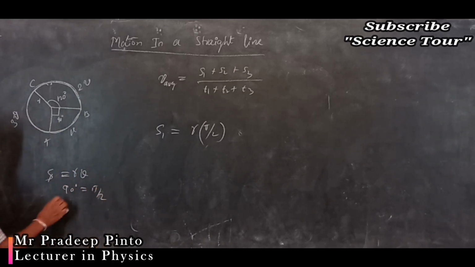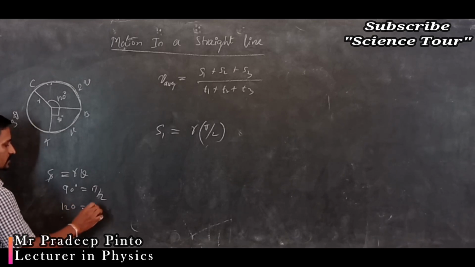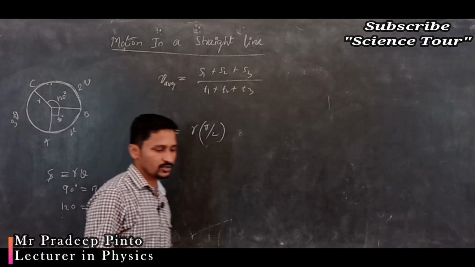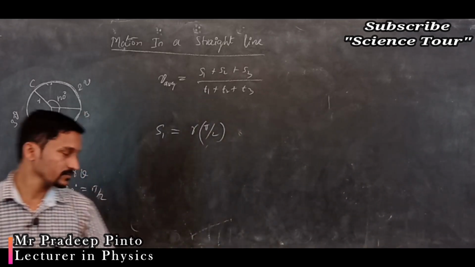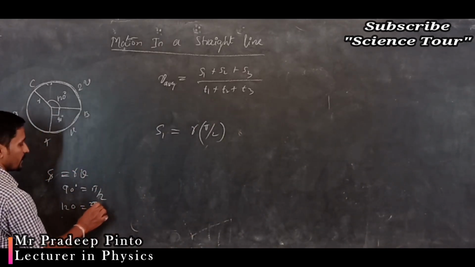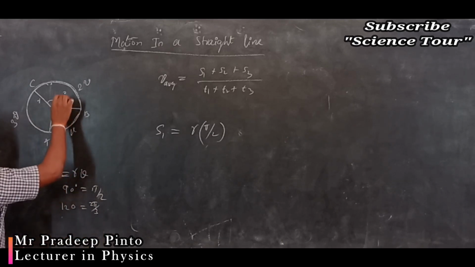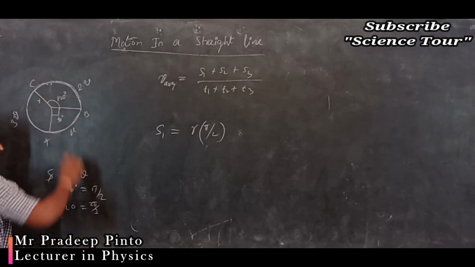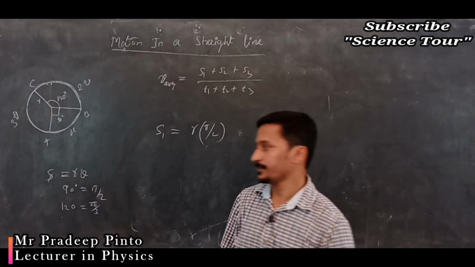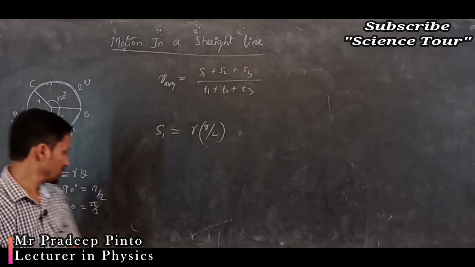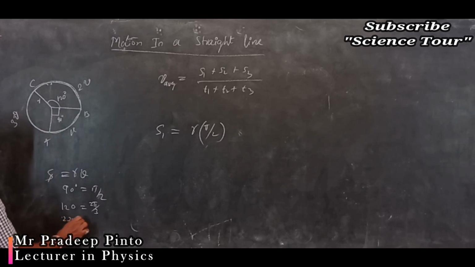And 120 degrees means 2 pi by 3. So this is 120 and this is 90. The remaining is 150, and that is 5 pi by 6.